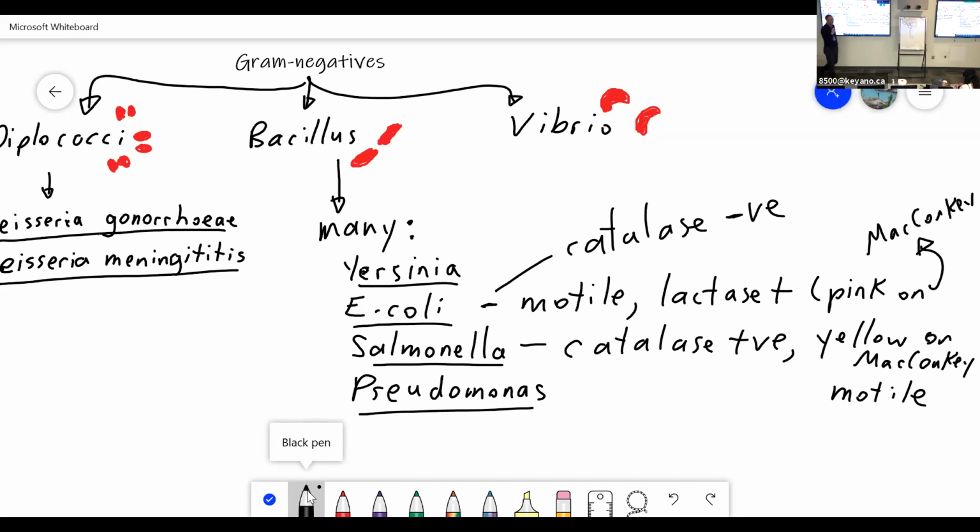So if you remember the MacConkey agar, it had a dye in it that when the organisms digest lactose, if they make an acidic byproduct, they turn yellow. That's for Salmonella. That's really kind of the bottom line.